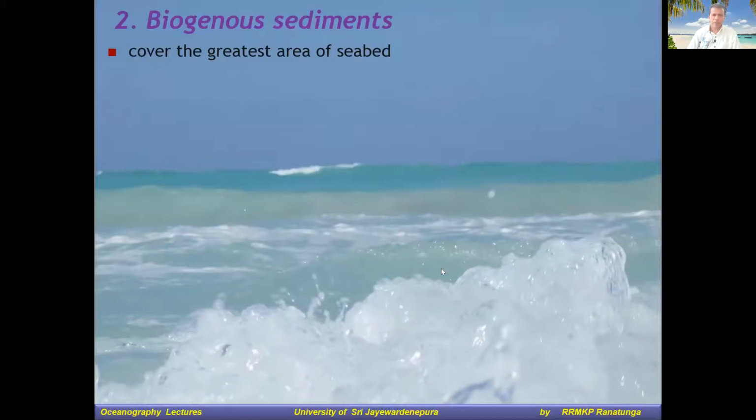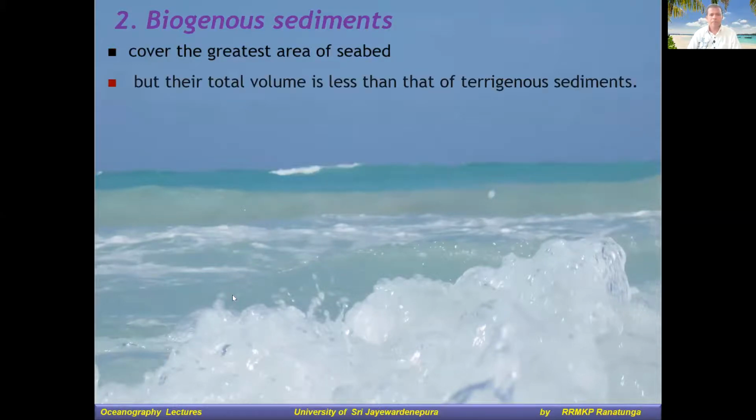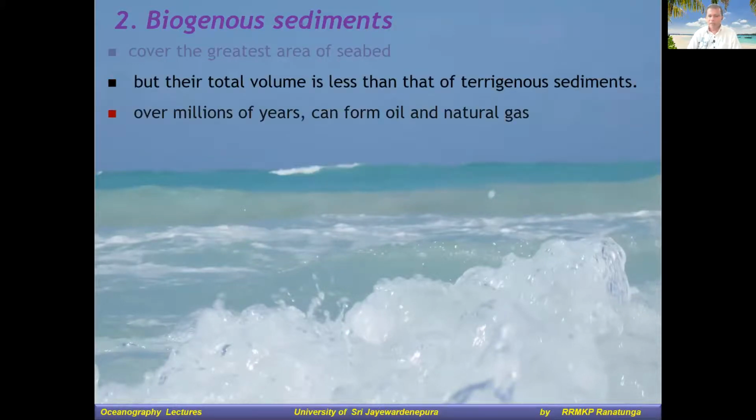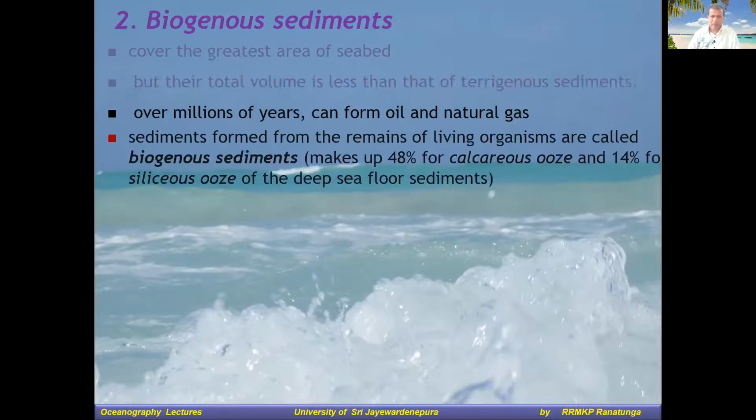So they become Terrigenous sediment, right? So the second type is the Biogenous sediment. These are the sediments that are deposited from the activities of marine organisms.